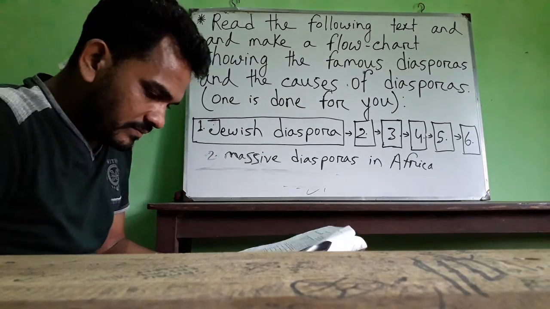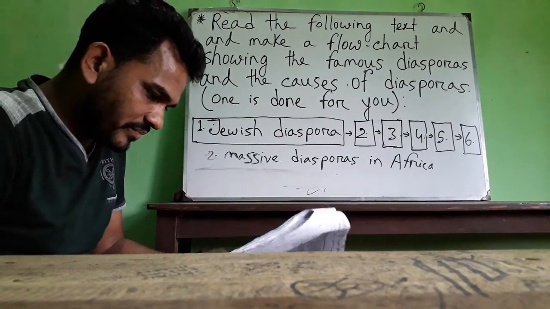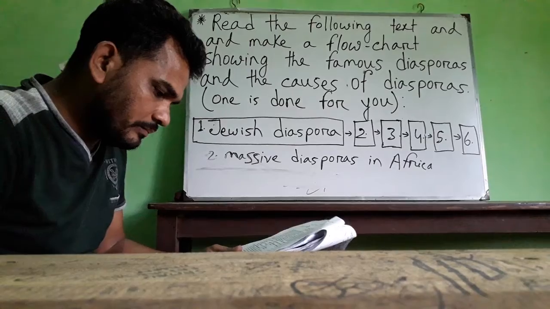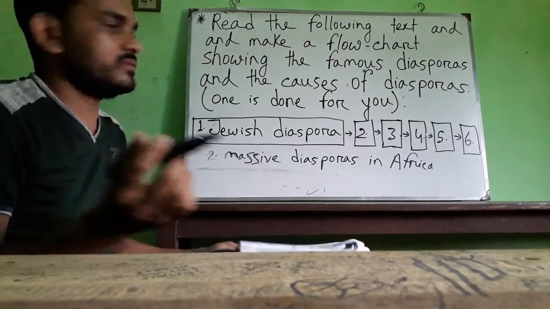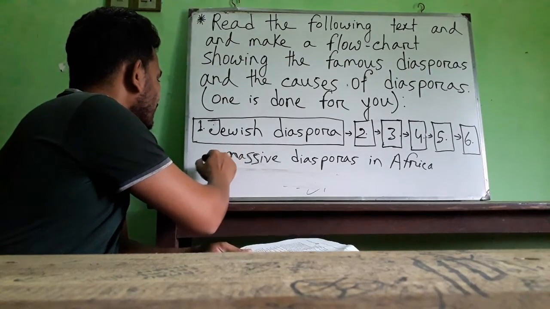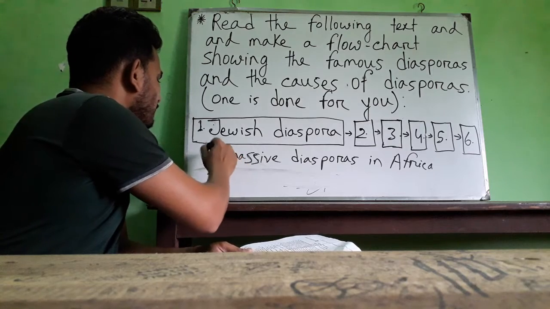Then for box number 3, you may write Palestinian diasporas.